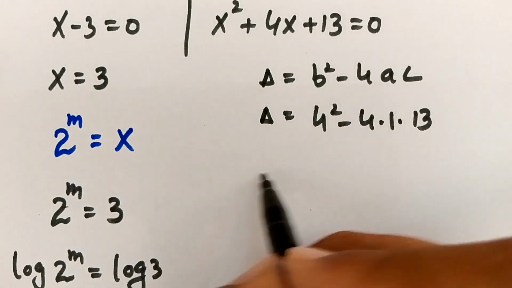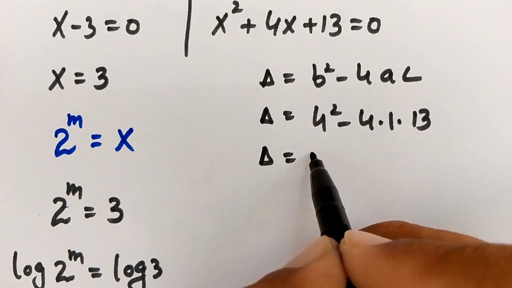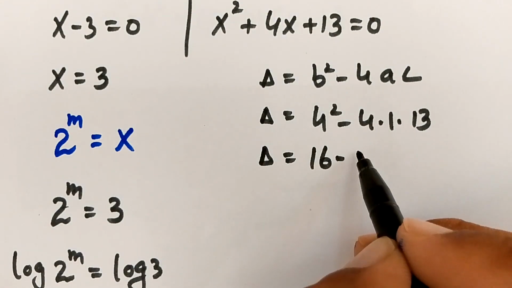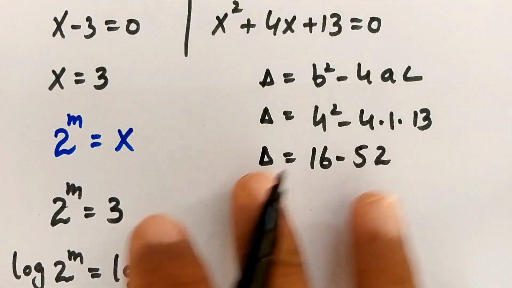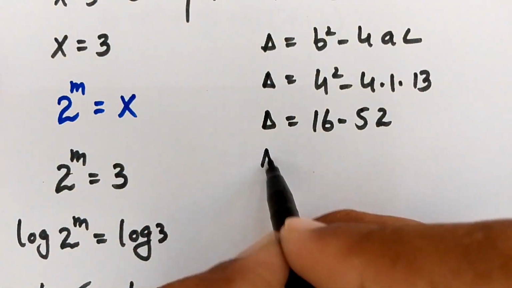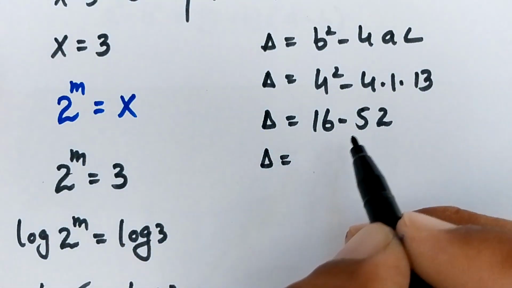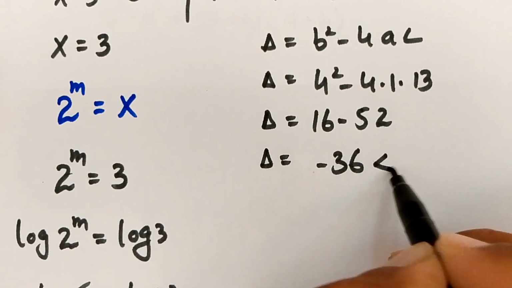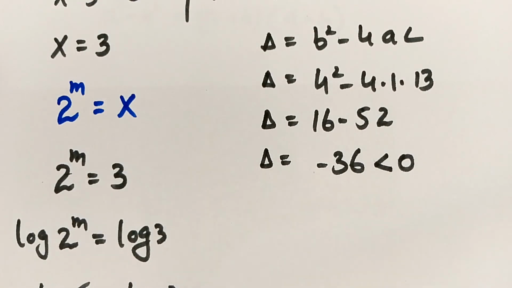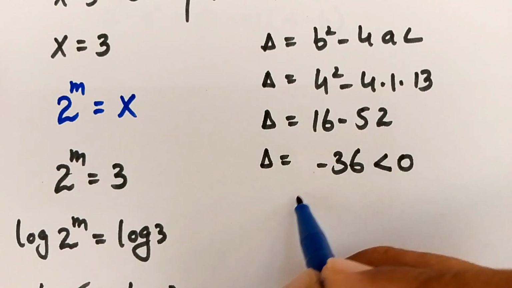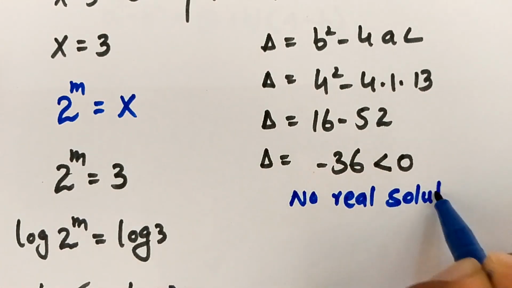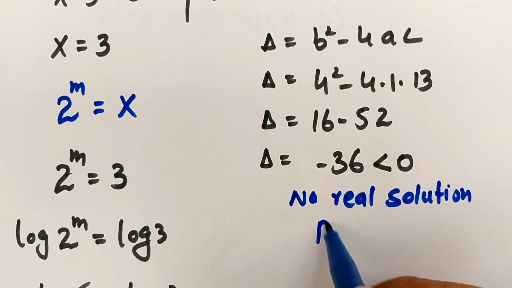Now discriminant is equal to 4 square, which is 16, minus 4 times 13, this is equal to 52. Now in the next step discriminant is equal to 16 minus 52 is equal to minus 36, and we know that this is less than 0, so this shows that it gives no real solution, so this is rejected.